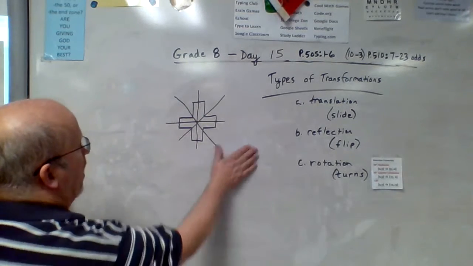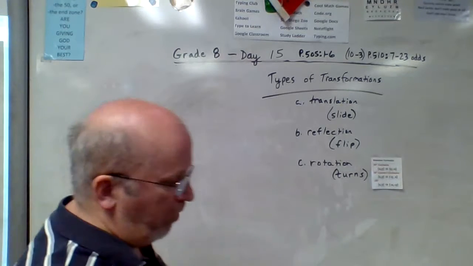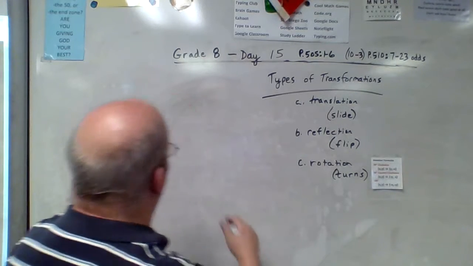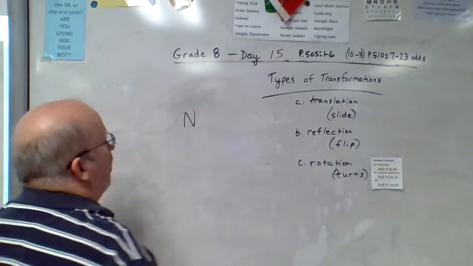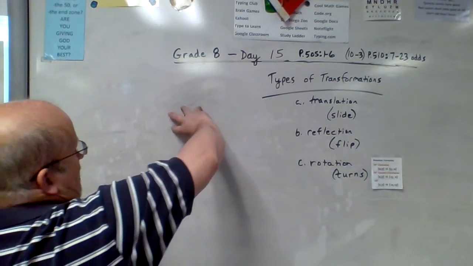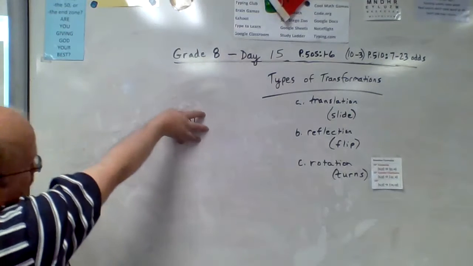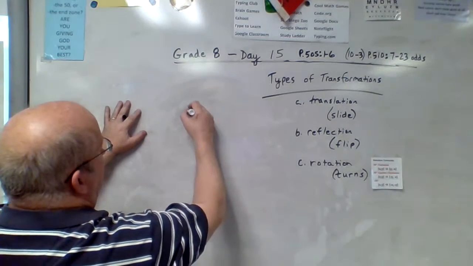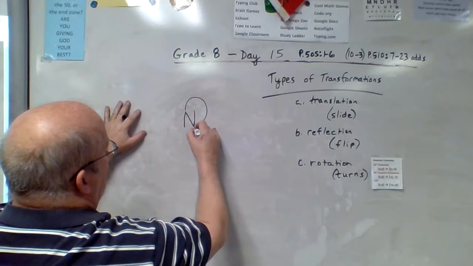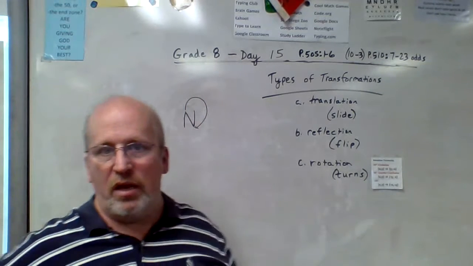Now, what about that concept of rotational symmetry? Let's imagine that we took a look at the letter N, the capital letter N. If I were to take that capital letter N and turn it 180 degrees so that this point ends up down here, it would look identical.